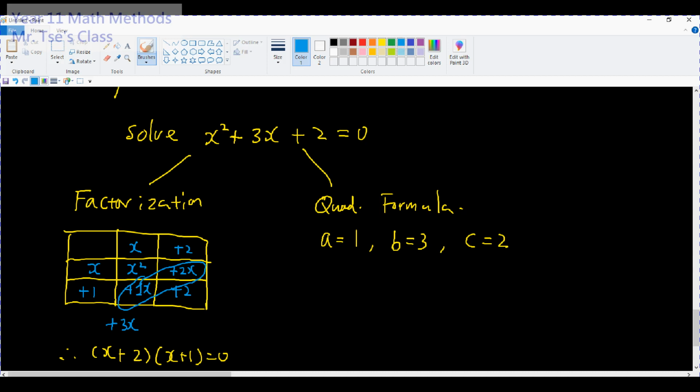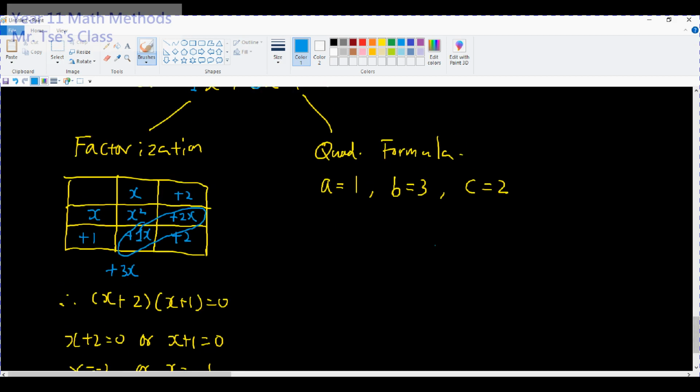To emphasize this, let me put those numbers in. In front of x squared, there's no number, so that should be 1. In front of x, that's plus 3, and the constant term is just 2. All are positive, so they are quite simple.